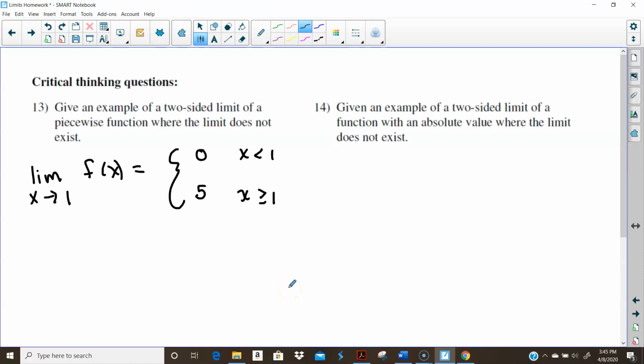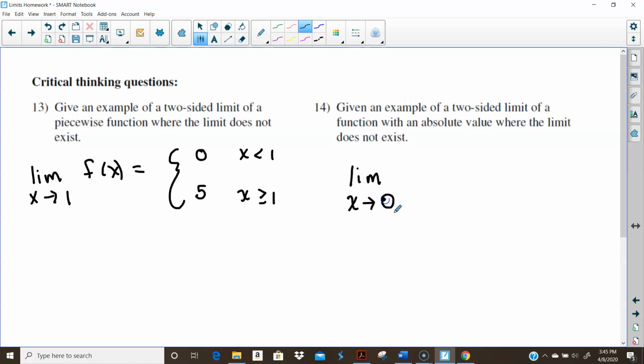On number 14, it says, give an example of a two-sided limit function with an absolute value where the limit does not exist. So this one you could do anything with absolute value. It's going to give us that shelf-looking graph where we get a discontinuous function that jumps.